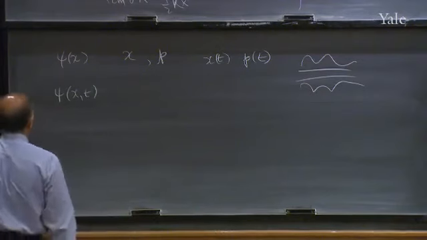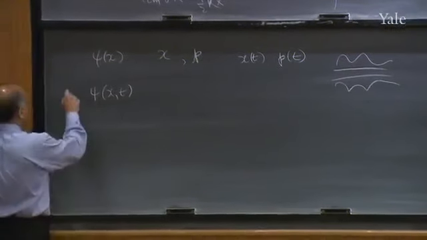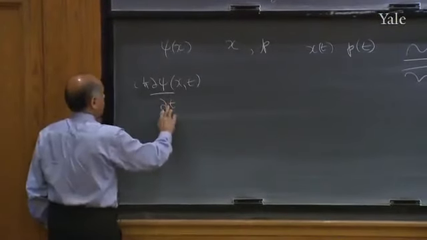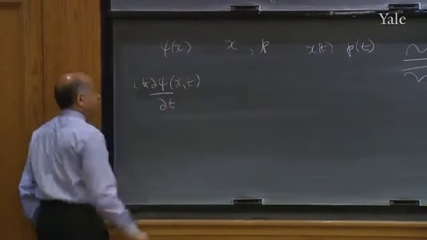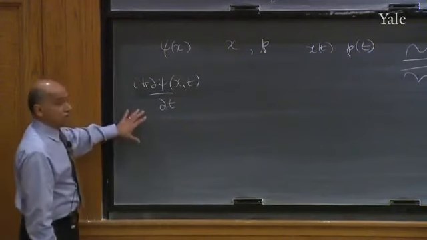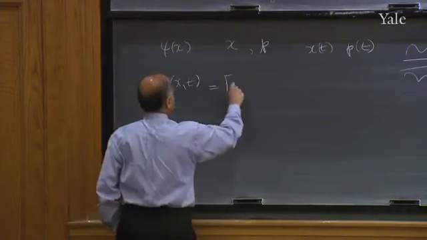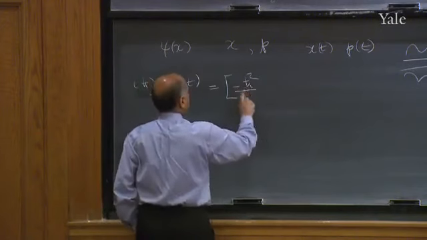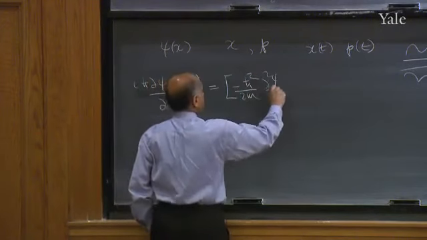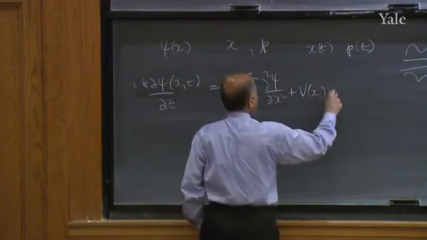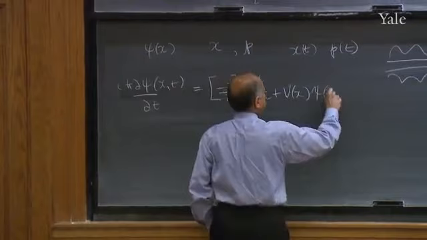So this is the great Schrödinger equation. It says i h bar, partial derivative with respect to time. It's partial because this depends on x and t. So this t derivative is equal to the following: minus h bar squared over 2m d2 psi over dx squared plus V of x psi of x and t.